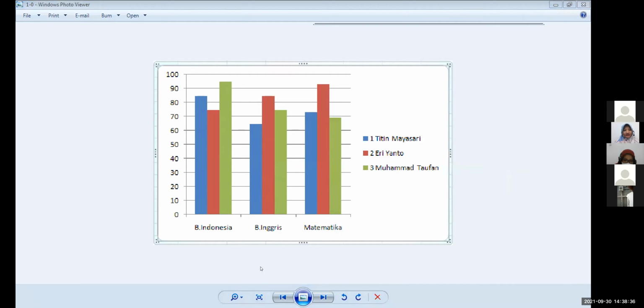Yes, this diagram compares Indonesian, English, and mathematics. In Indonesian the highest score is Muhammad Taufan, in English the highest score is Erianto, and in mathematics the same with Erianto.